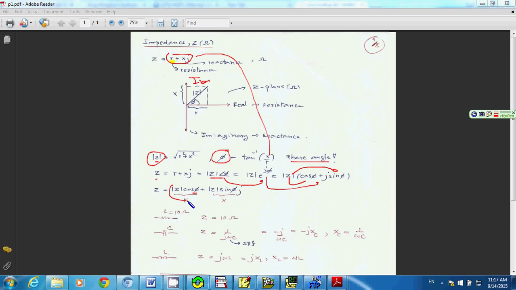The real part here represents resistance, and the imaginary part represents reactance, or simply equal to R plus xj. Okay, this is how a complex number works.